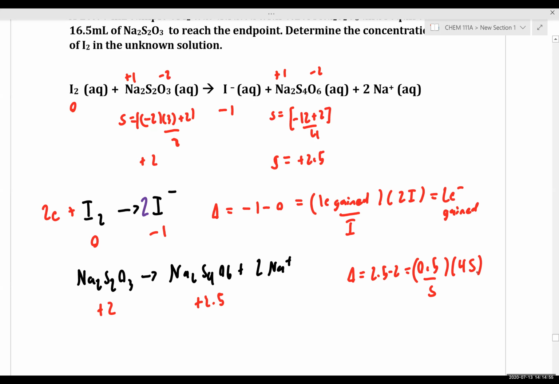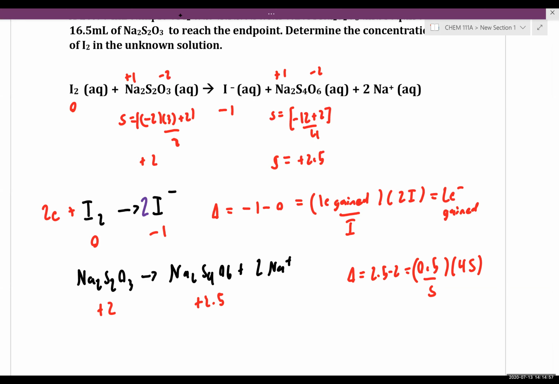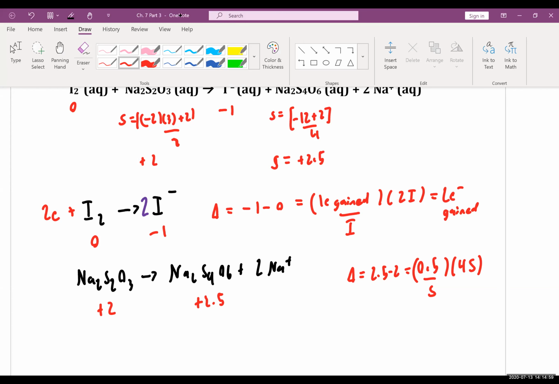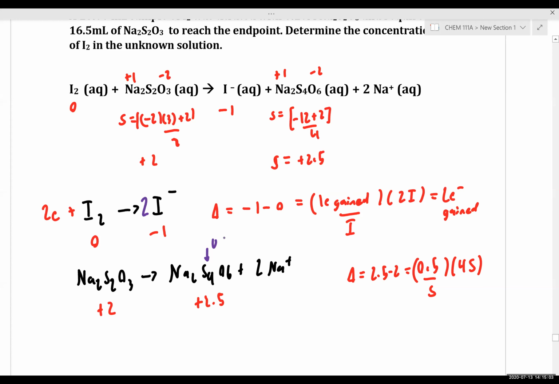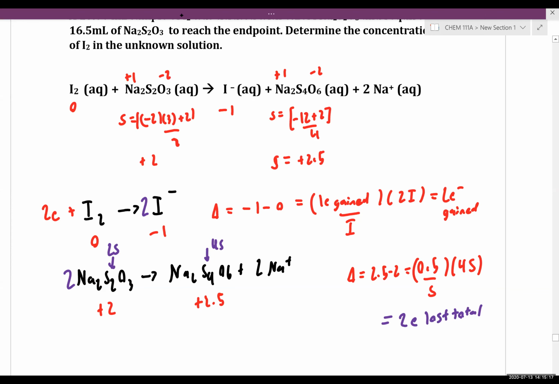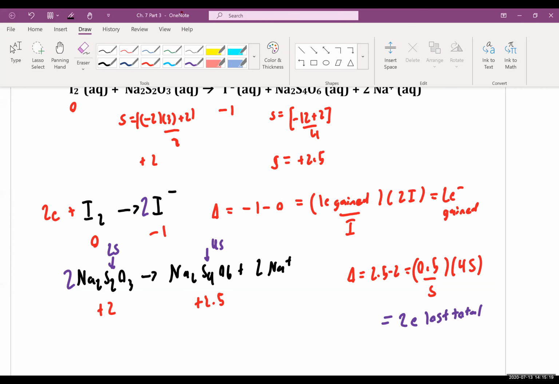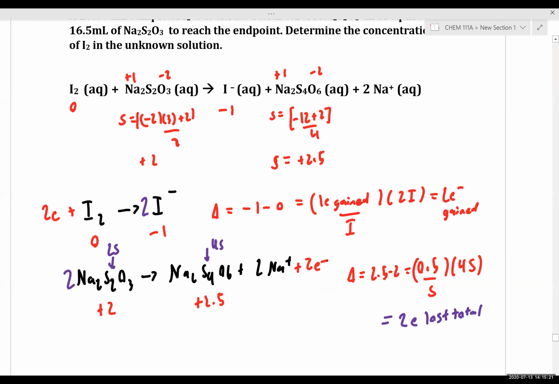Now, before we even think about this 4 sulfur counting, we need to balance this equation. So we have 4 sulfurs on the right, we have 2 sulfurs on the left, so we put a coefficient of 2. So that in turn gives us 2 electrons lost total. So we put our 2 electrons lost on the right-hand side.